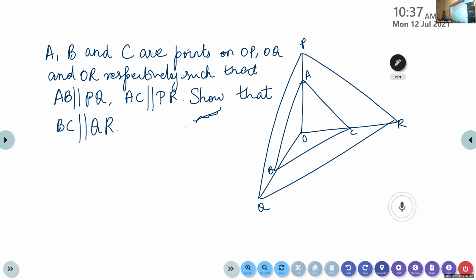Okay, children, I'm going to write the solution. Listen. It is given that A, B, C are points on OP, OQ and OR such that AB is parallel to PQ. You start with that. AB is parallel to PQ. Okay, parallel is given.